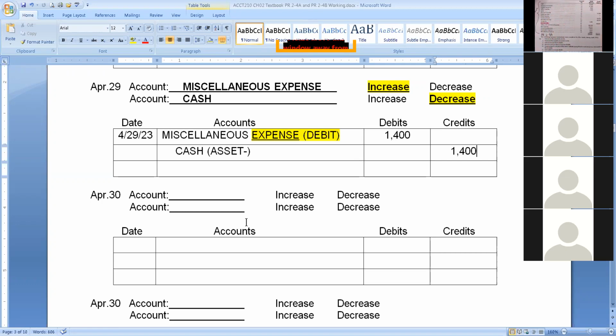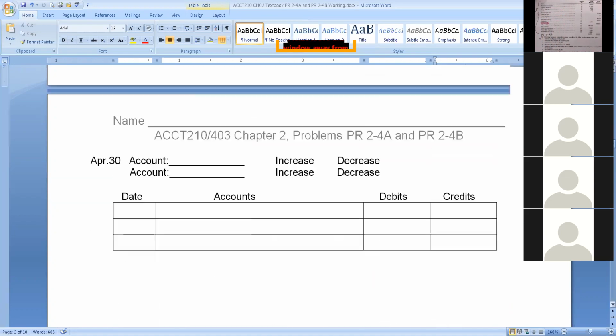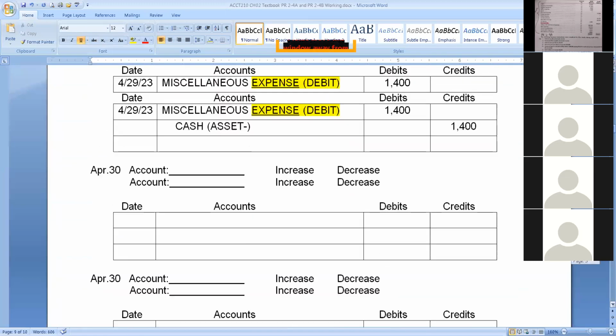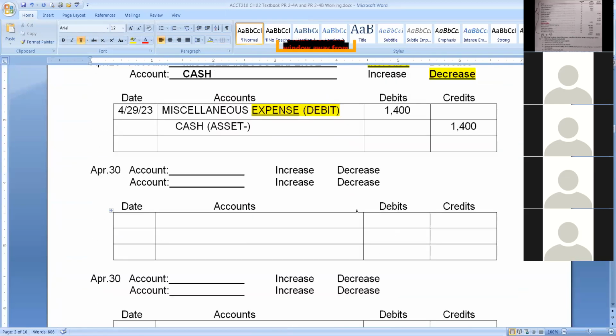I don't know if I have that in the revenue accounts or not. Do I have that down here? I do. So fees earned is going to be the revenue. And generally speaking, whenever you see the term earned, it's a revenue. If it's unearned, it's a liability, but if it's earned, it's going to be a revenue. So fees earned is going to be our account here, and we're going to call that a revenue just so it's a little more obvious.